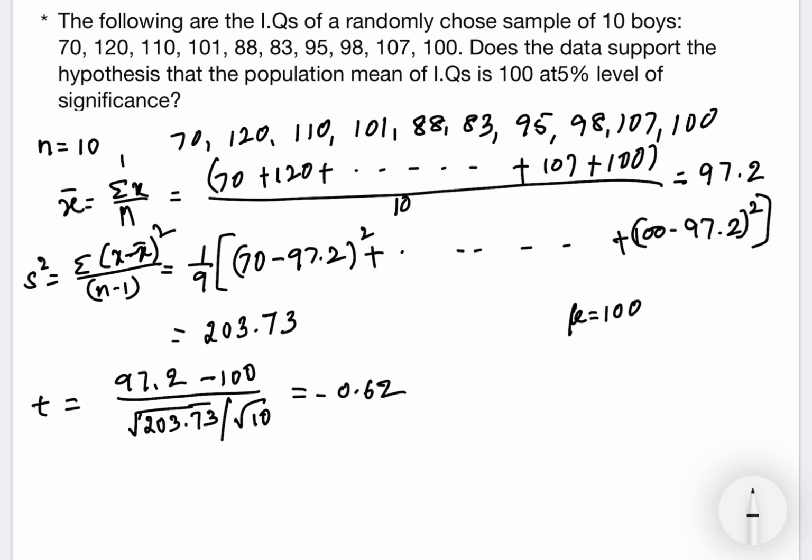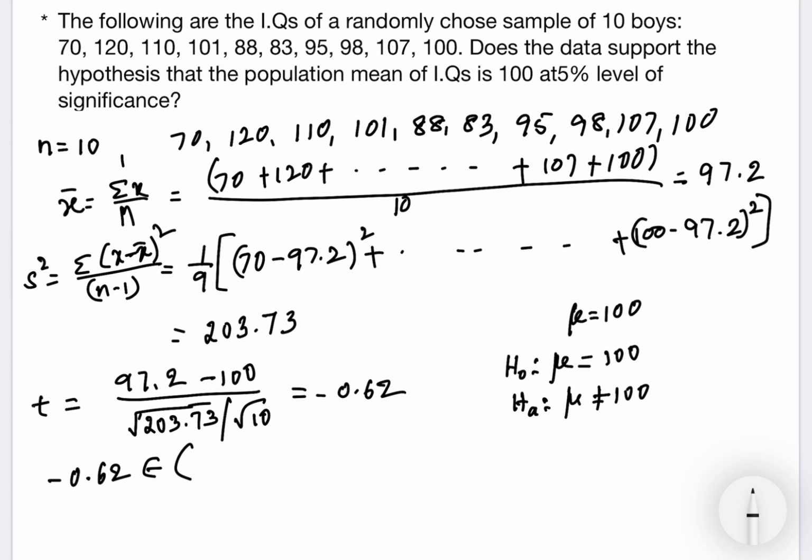Okay, so now let us write the null hypothesis. Null hypothesis is the mean IQ is equal to 100, and the alternate hypothesis is mu not equal to 100. So here we need to check whether this minus 0.62 belongs to minus TC comma TC.